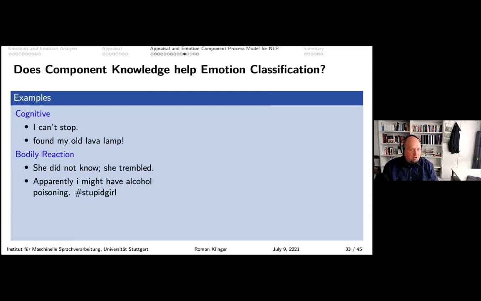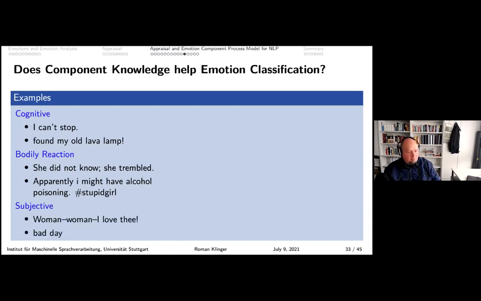Emotions which are communicated by descriptions of bodily reactions are, for instance, "she did not know she trembled," or "apparently I might have alcohol poisoning." Here we annotated bodily reactions independent of their use to communicate an emotion, because that would have introduced an information leak.